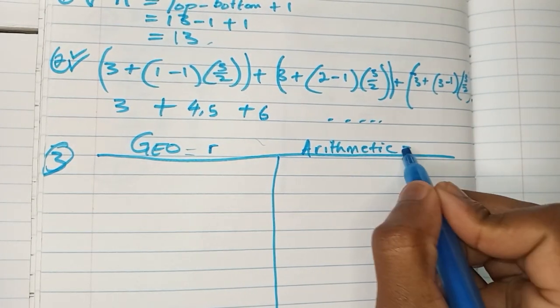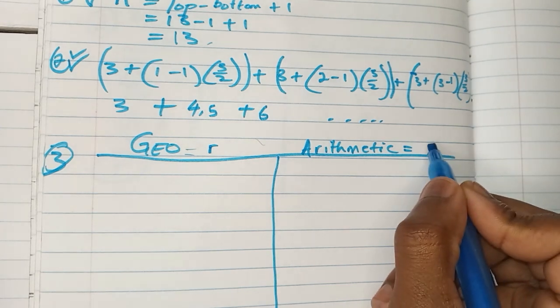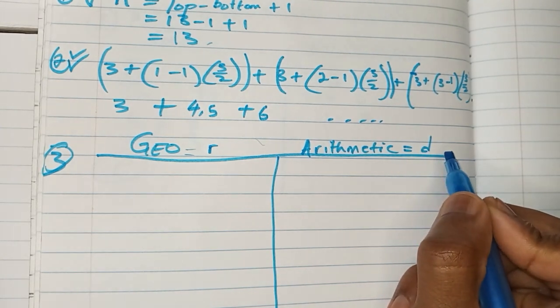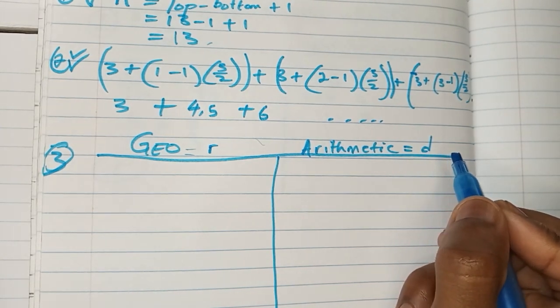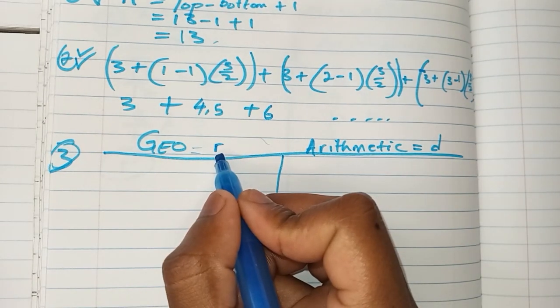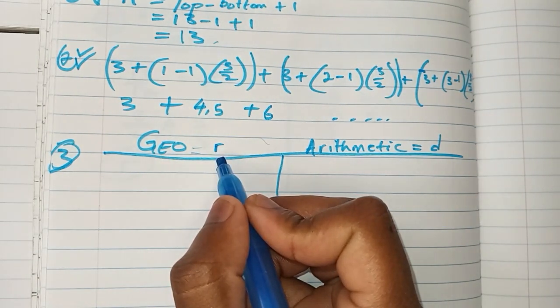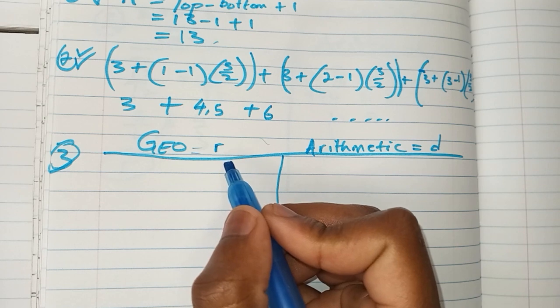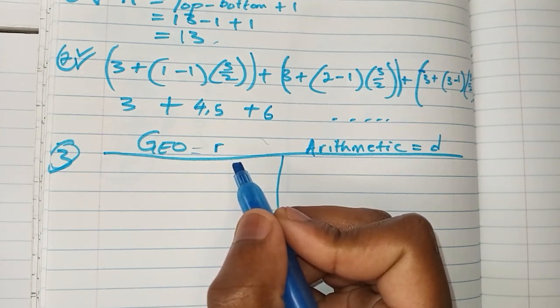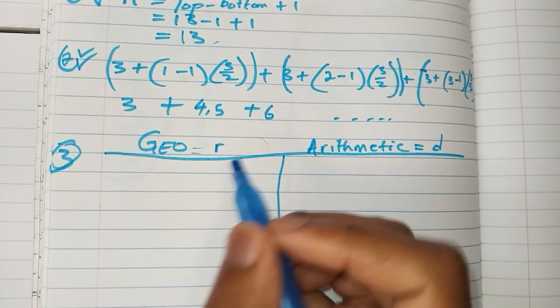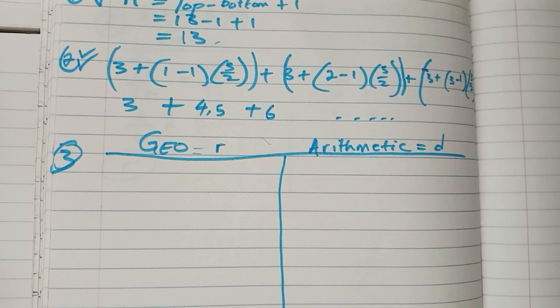But when we are dealing with arithmetic, we use D, and D is for the constant difference, right? The ratio has to be constant as well. It cannot be like the first difference of a quadratic. It has to be constant.